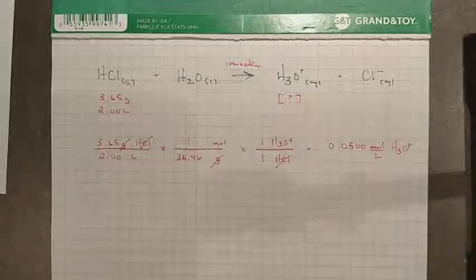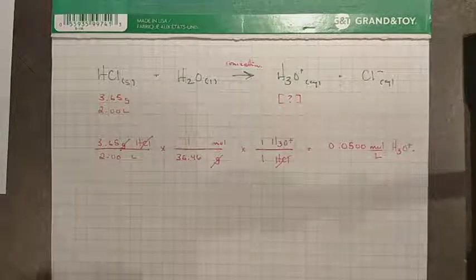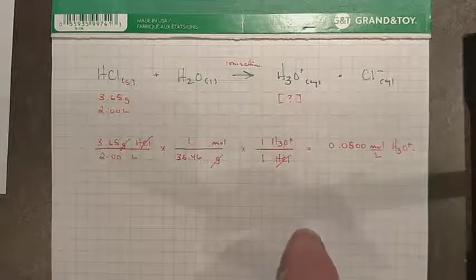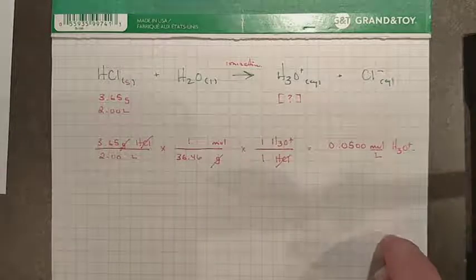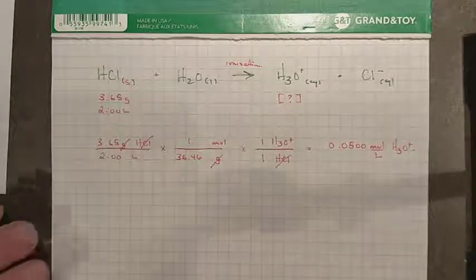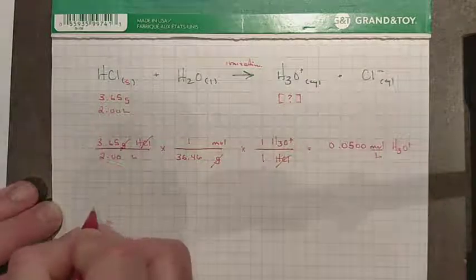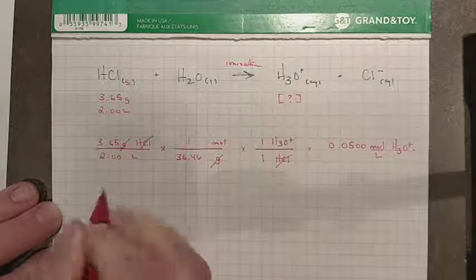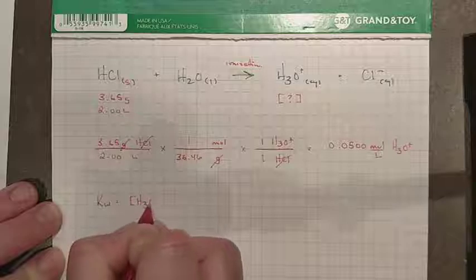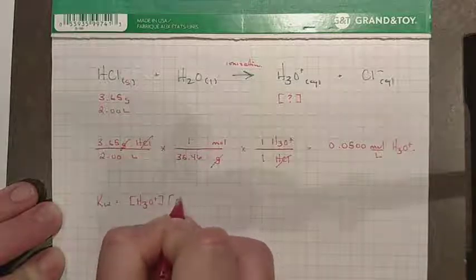But the issue is, we're also looking for hydroxide. Now, we could go through hydronium to pH to pOH to hydroxide, but because we've introduced the equilibrium expression here, if you take a look at it, Kw here would be the concentrations of the variable reactants, H3O+ and OH-.